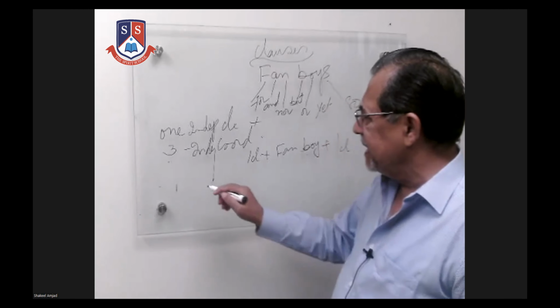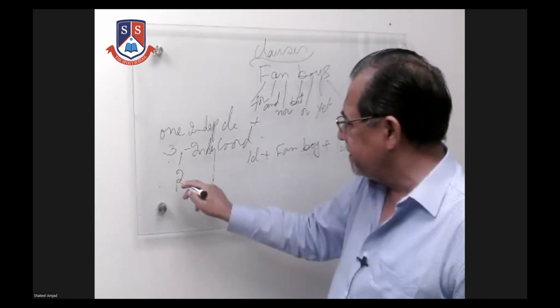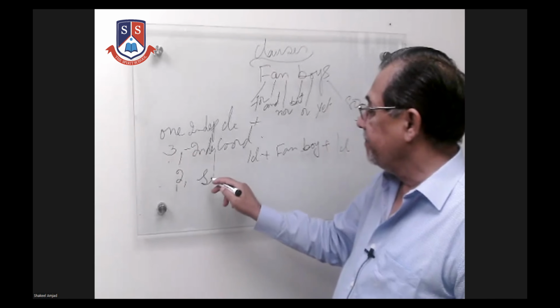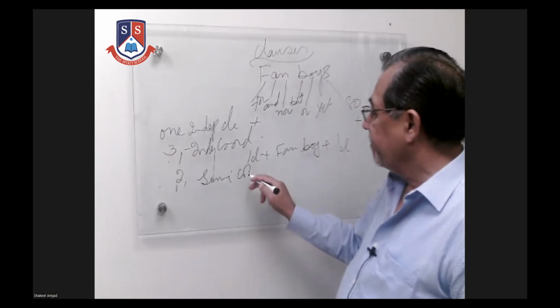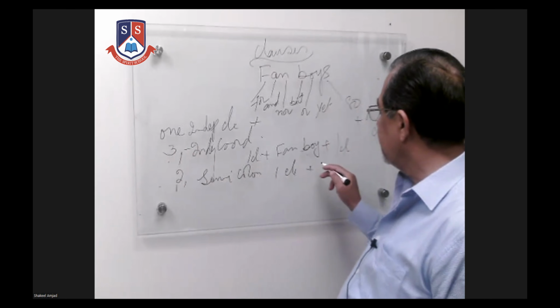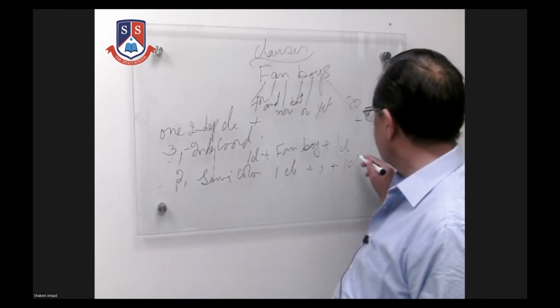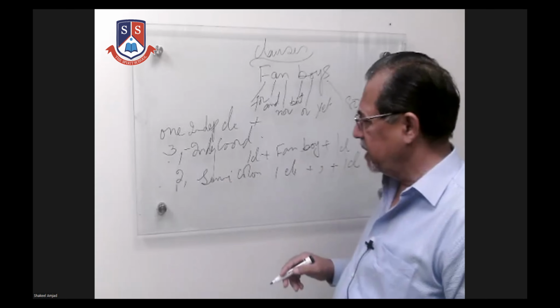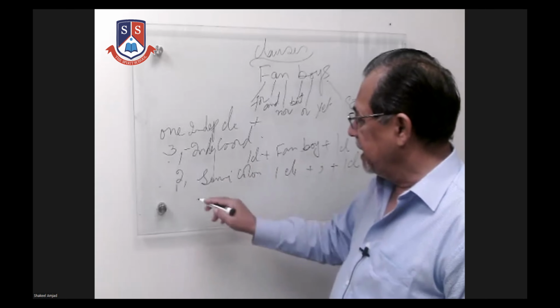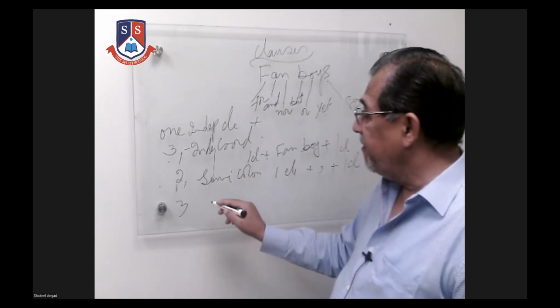The second is semicolon. One independent clause plus semicolon plus one clause, or you can bring more than that, right? The third is you can bring a conjunctive adverb.